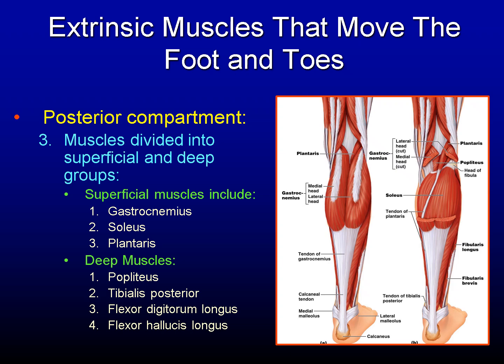The plantaris may be absent in some individuals, or there may be 2 per side in other people. The superficial muscles insert into the calcaneus via the calcaneal Achilles tendon and act to plantar flex the foot at the ankle. The deep posterior compartment includes the popliteus, tibialis posterior, flexor digitorum longus, and flexor hallucis longus.